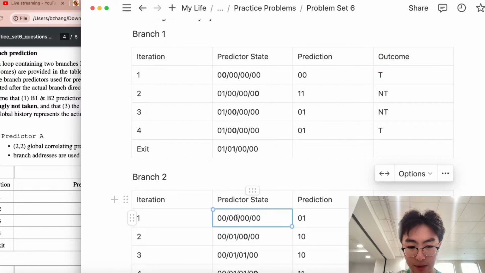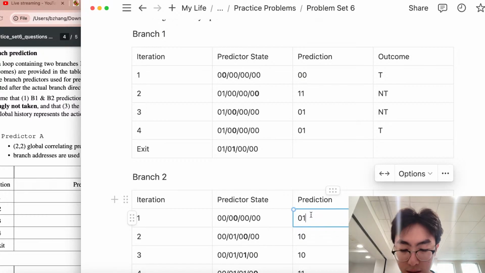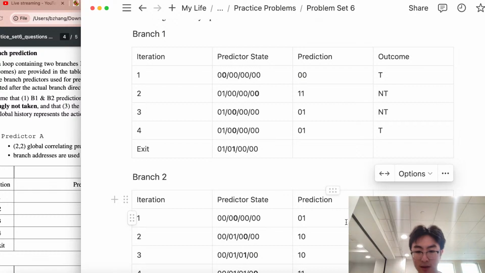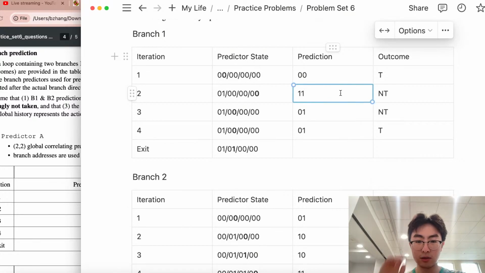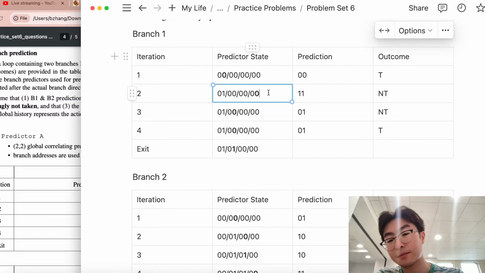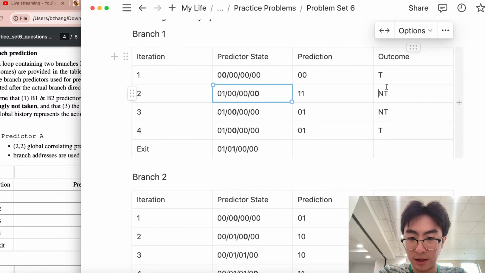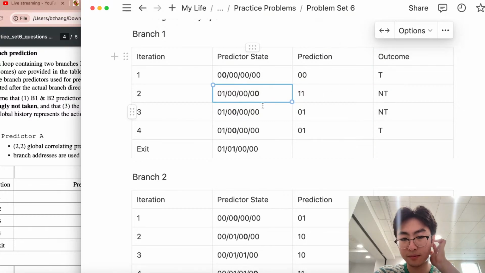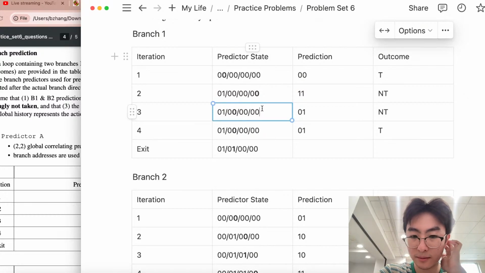We can index our predictor by this correlation bits and then flip that to a 1 because it's taken, right? And so now we have a global correlation bits of 1, 1. And so this will modify our 0th or our 3rd index. And because it's not taken, we just leave it the same.